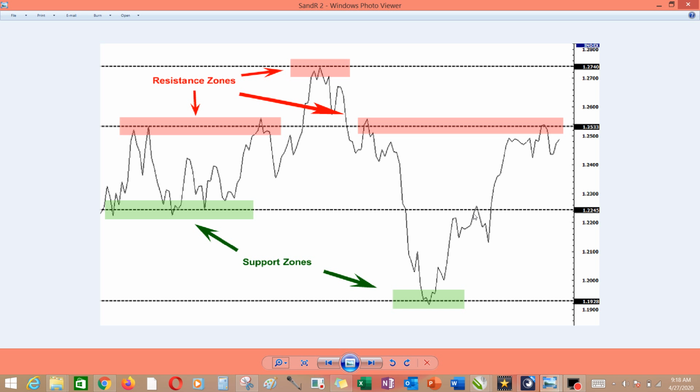The reason for the removal of the signal, or why the signal was not respected at that particular zone, was that that zone was a support level, and the support level was broken, and once it is broken, then the signal will not work again.